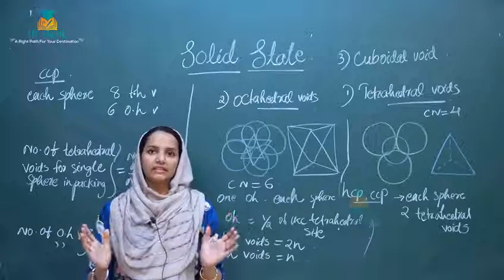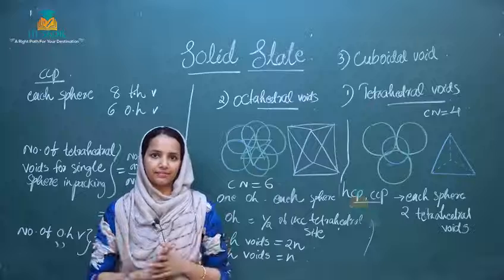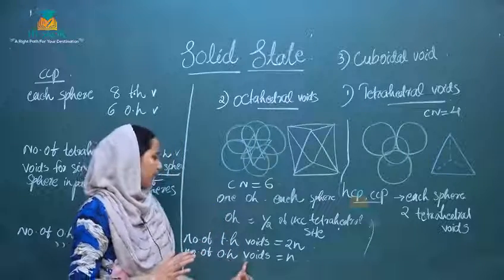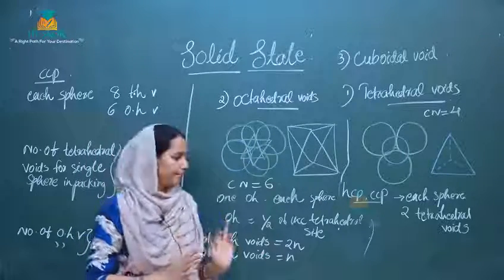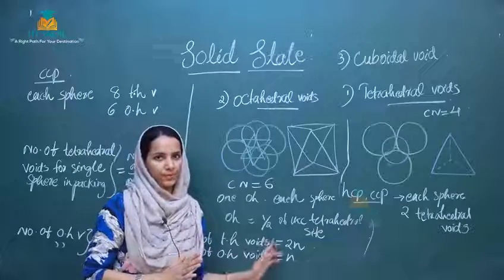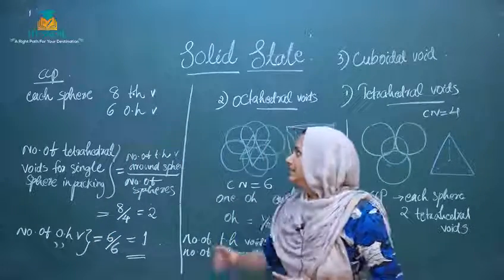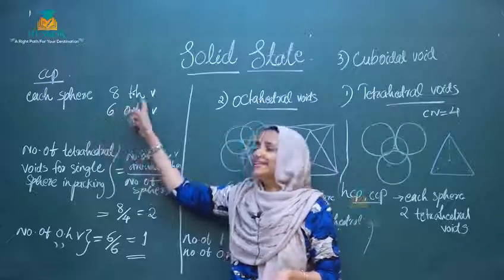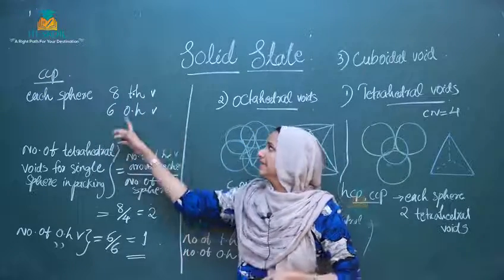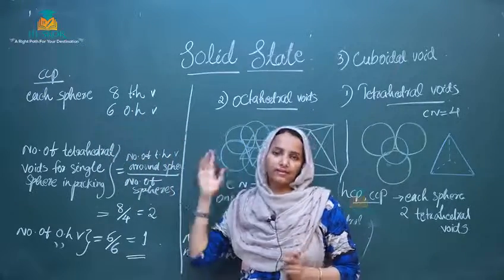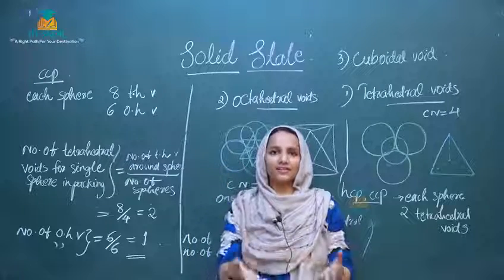It is equal to n itself. So, the number of octahedral voids is n, and the number of tetrahedral voids is 2n. In the CCP structure you have 8 tetrahedral voids and 6 octahedral voids. You have already seen the CCP structure.